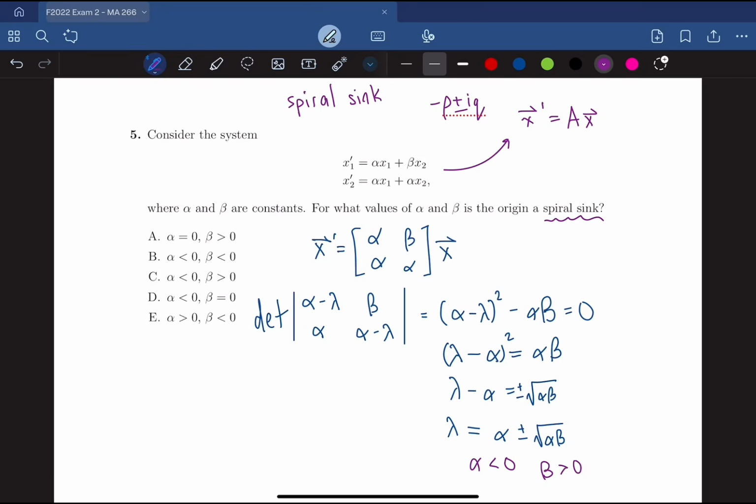The reason for that is we need complex roots, because it's a spiral. Whatever's inside this square root needs to be negative, otherwise we won't get a complex root. Since alpha is already negative, beta can't be negative, because a negative times a negative would be a positive, and then if the square root was a positive, we would not get a complex root. So since beta is positive and alpha is negative, a negative times a positive is a negative, and a negative inside a square root gives us this negative p plus iq form. So alpha needs to be negative and beta needs to be positive.